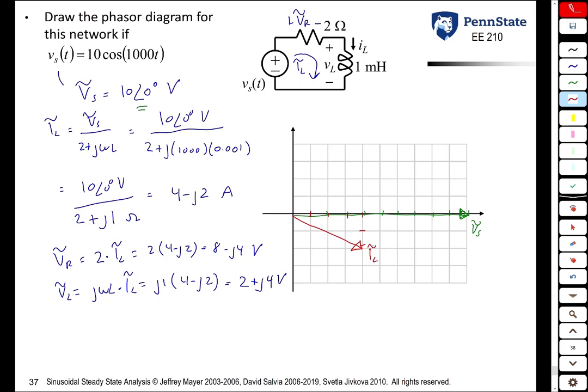That's our current, IL, which is also IR. We know the voltage across the resistor is in phase with the current through the resistor, but twice the amplitude. It's going to be 8 minus J4. Notice that VR and the current are in phase with each other.